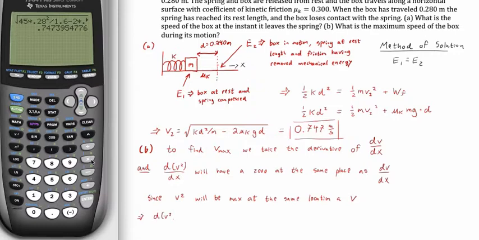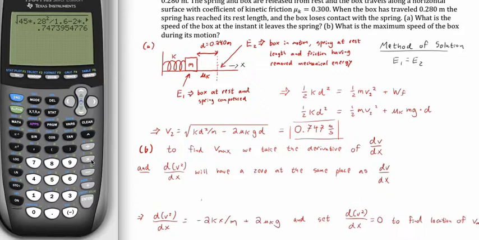So the derivative of the velocity squared function with respect to x is just going to be negative kx over m, plus 2 mu k g, okay? And set d(v squared)/dx equal to 0 to find the location of v max.